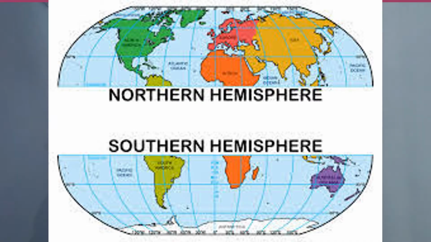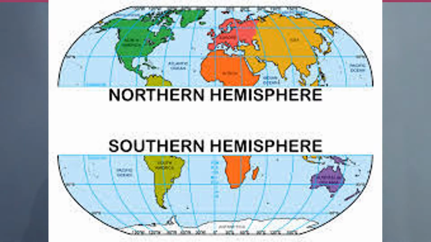Now, I'm going to tell you the latitudinal distance. India is a country of the northern hemisphere, because if you see from the equator, India's location is in the north.